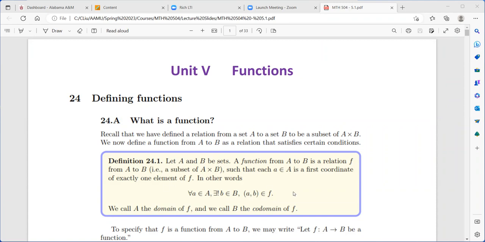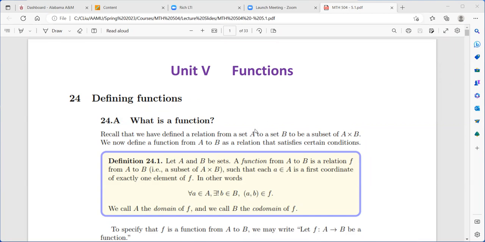That means for any element in the first set, we have exactly one element b corresponding to it.